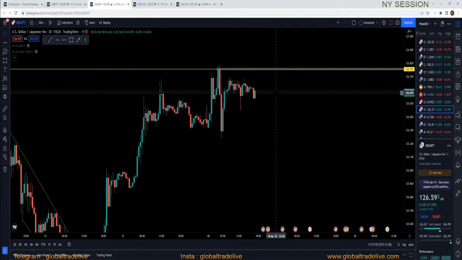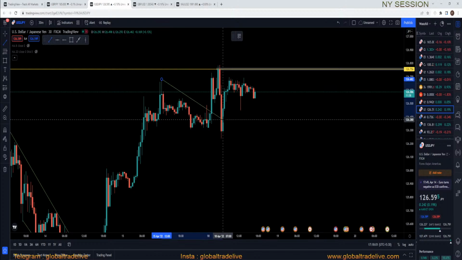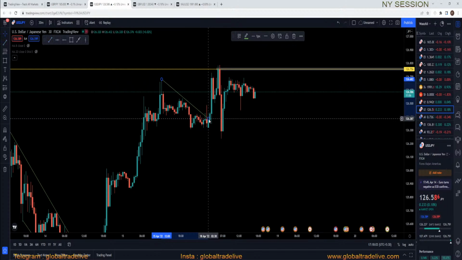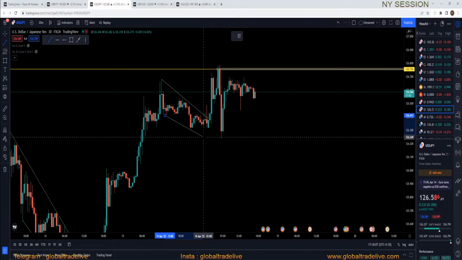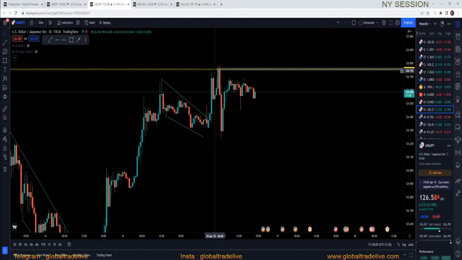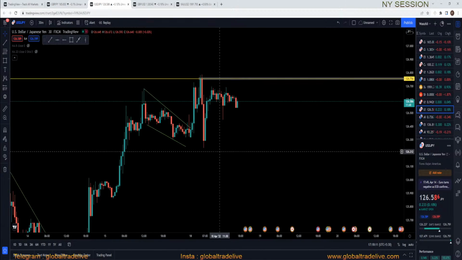lines over here. So the market was moving up clearly, then it was coming down from here. Then it broke that area, came down.